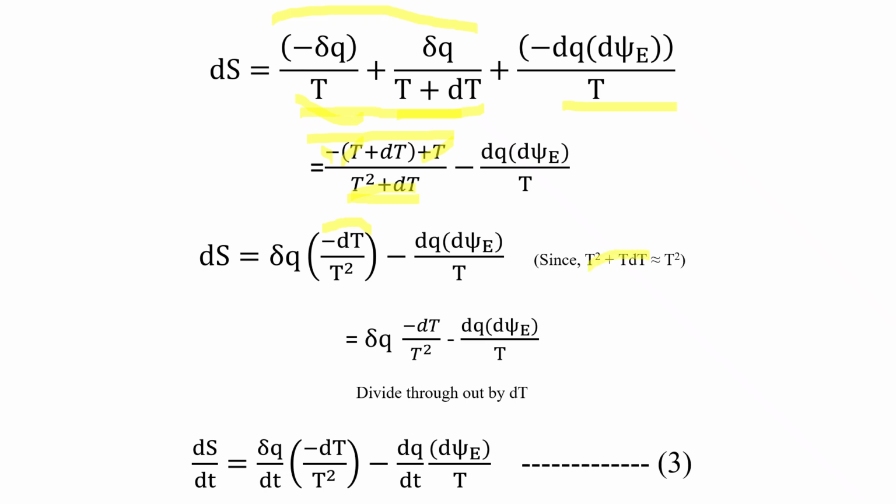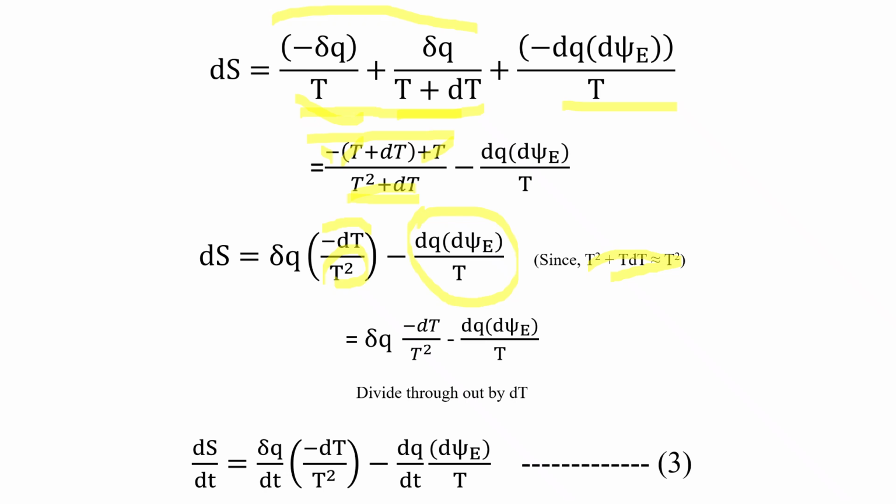So it is more or less equivalent to T square. So here we have converted it into T square in the denominator, and the third part of the equation, that is dS3, is remaining as such. Till now I have not made any changes in the third part of the equation, that is dS3.